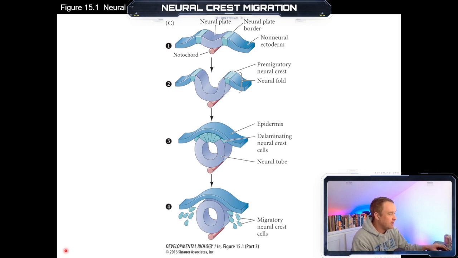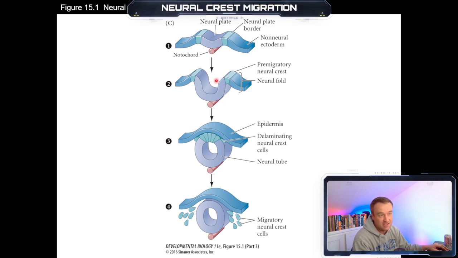So I'm going to go over these steps again real quick. We have the apex of the neural folds up here. That is what will become the neural crest. Their delamination will occur at the point of the neural tube actually closing.